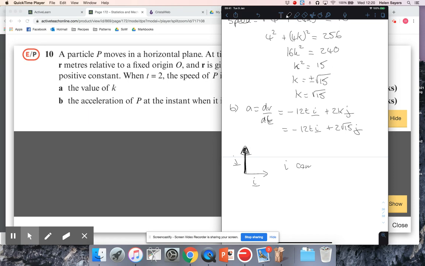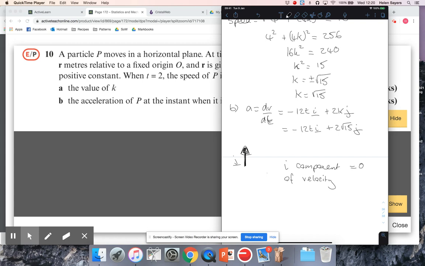Well, it's going to be when the i component equals 0, so it's not moving left or right at all. And when I say i component, it's the i component of the velocity.